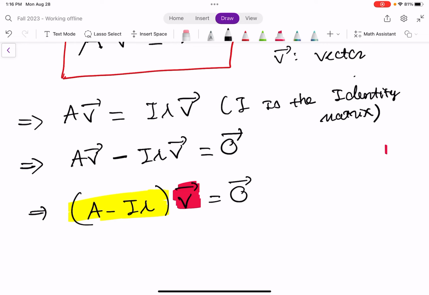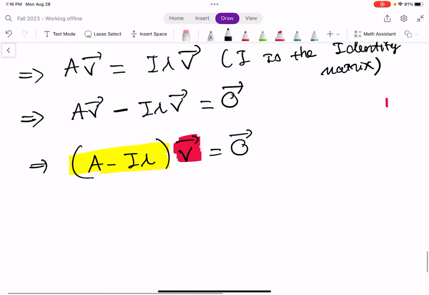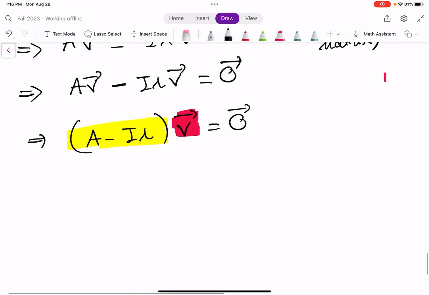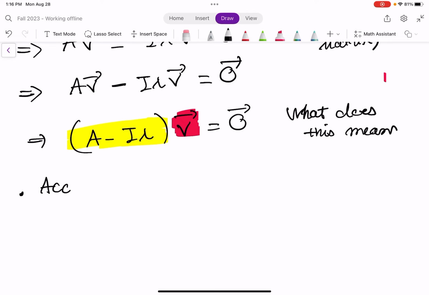What does it mean? Again, I'm going to refer back to 3Blue1Brown.